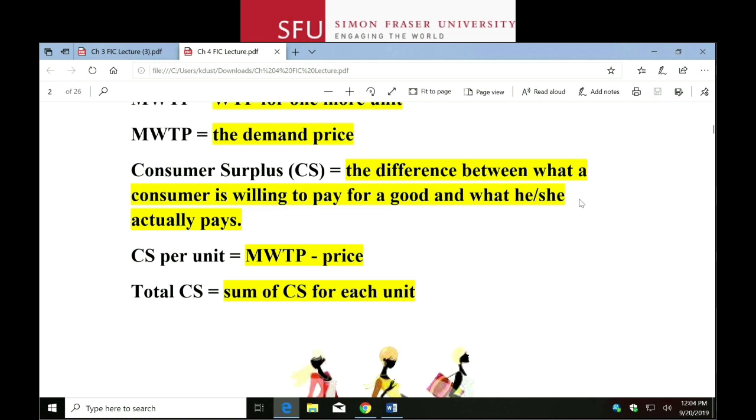Any questions so far? Yeah. Why is it a straight line? The demand curve? Yeah, the marginal willingness to pay. Why does it go down, or why is it straight as opposed to curving? Okay, realistically it might not be a straight line.